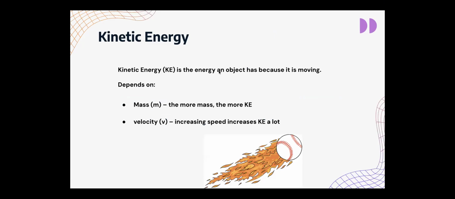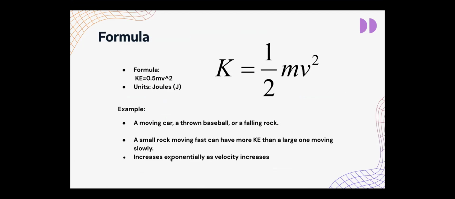So again, kinetic energy is the energy an object has because it is moving. It depends on mass and velocity. If an object is going at the same velocity, but its mass is increasing, then it has more kinetic energy. If it has the same mass and velocity is increasing, then it has more kinetic energy again, correct? And this is the formula, 1/2 mv squared.